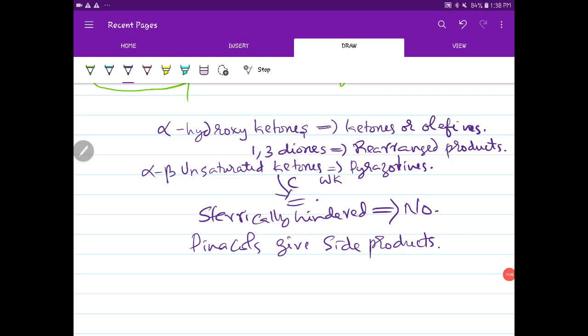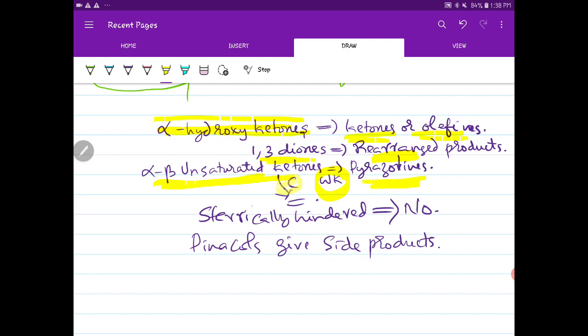A few points you have to remember about the Clemmensen and Wolff-Kishner reductions are: alpha hydroxy ketones won't give the Clemmensen or Wolff-Kishner reduction. They give ketones or olefins. In the same way, 1,3-diones won't give the expected product, they give rearranged products. And alpha beta unsaturated ketones, if you go by the Wolff-Kishner method, you get pyrazolines.